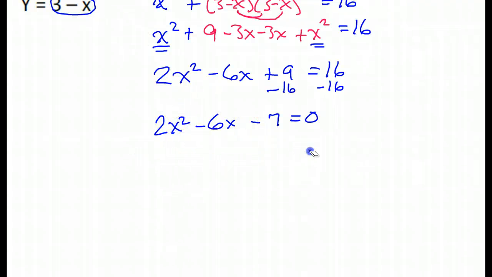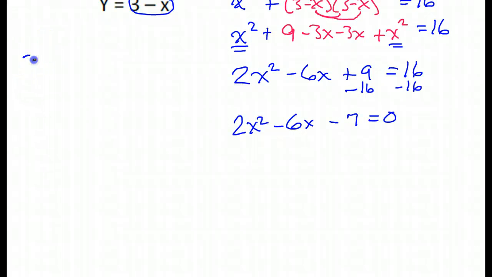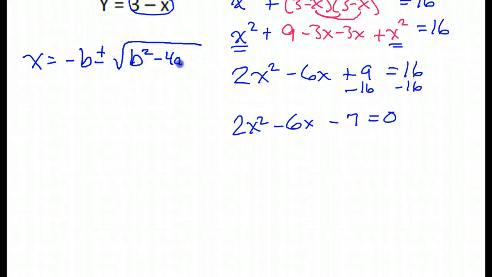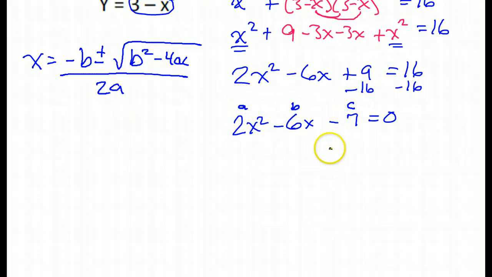So that means we're going to have to do the quadratic formula. Remember that the quadratic formula is: x equals the opposite of b, plus or minus the square root of b squared minus 4ac, all over 2a. And of course this is a, this is b, and this is c.